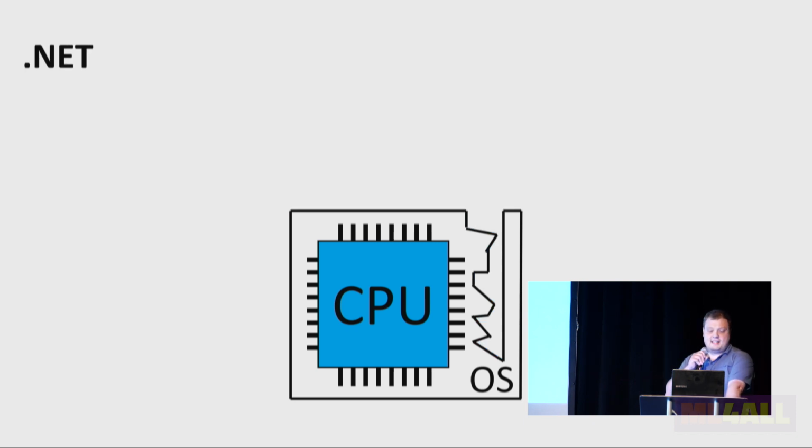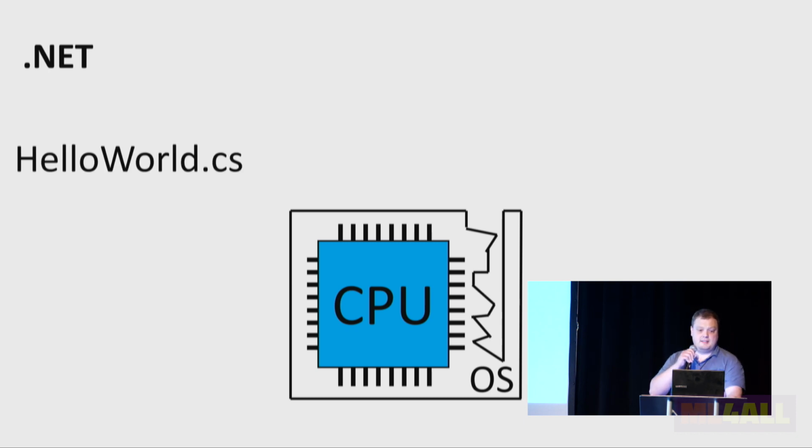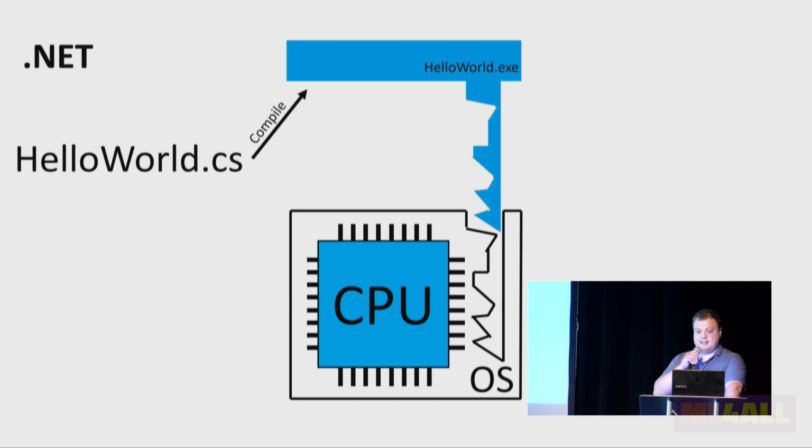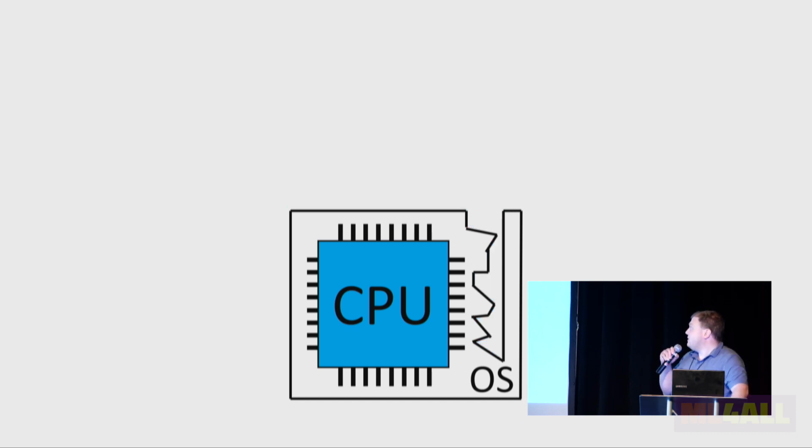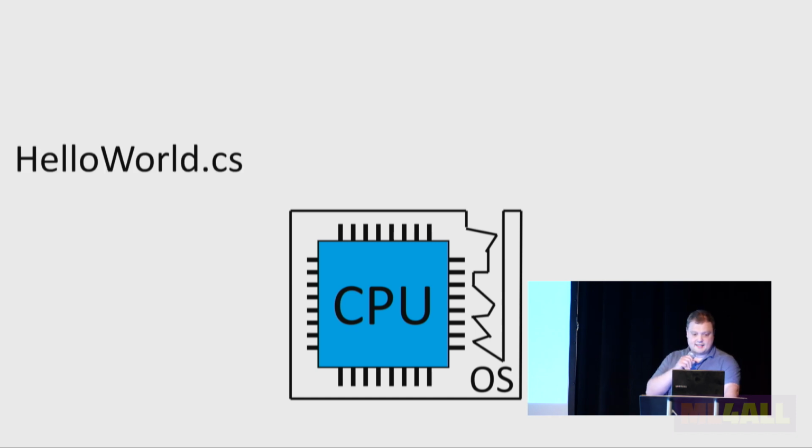And we're told that .NET is a compiled language, which means that we write some code in C#, for example, and we compile that, and we get an executable, which drops into our CPU, like the other ones we've seen. But the reality is they're actually a lot more similar than the impression you'd get from that.